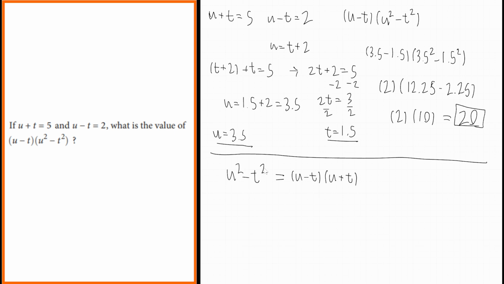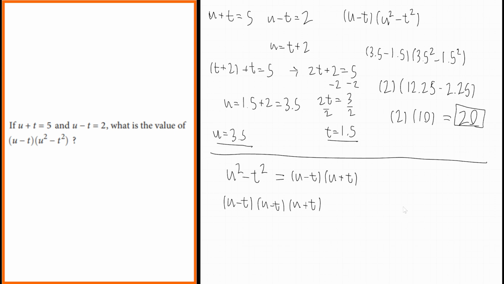So u squared minus t squared equals u minus t times u plus t, which means our expression above is actually equal to u minus t times u minus t times u plus t.